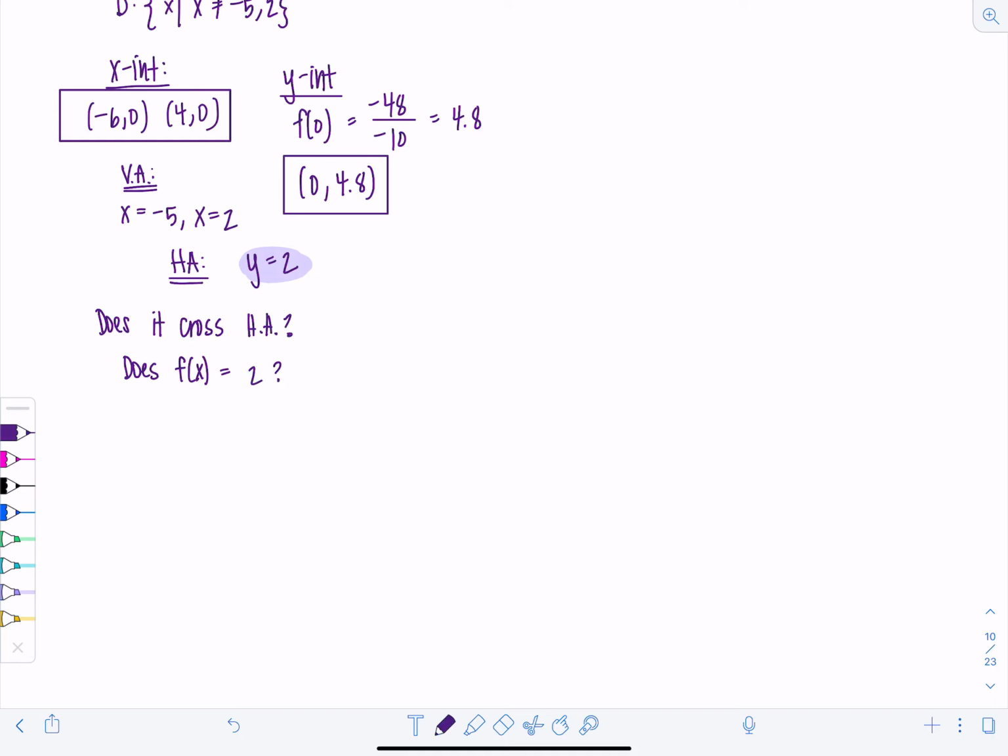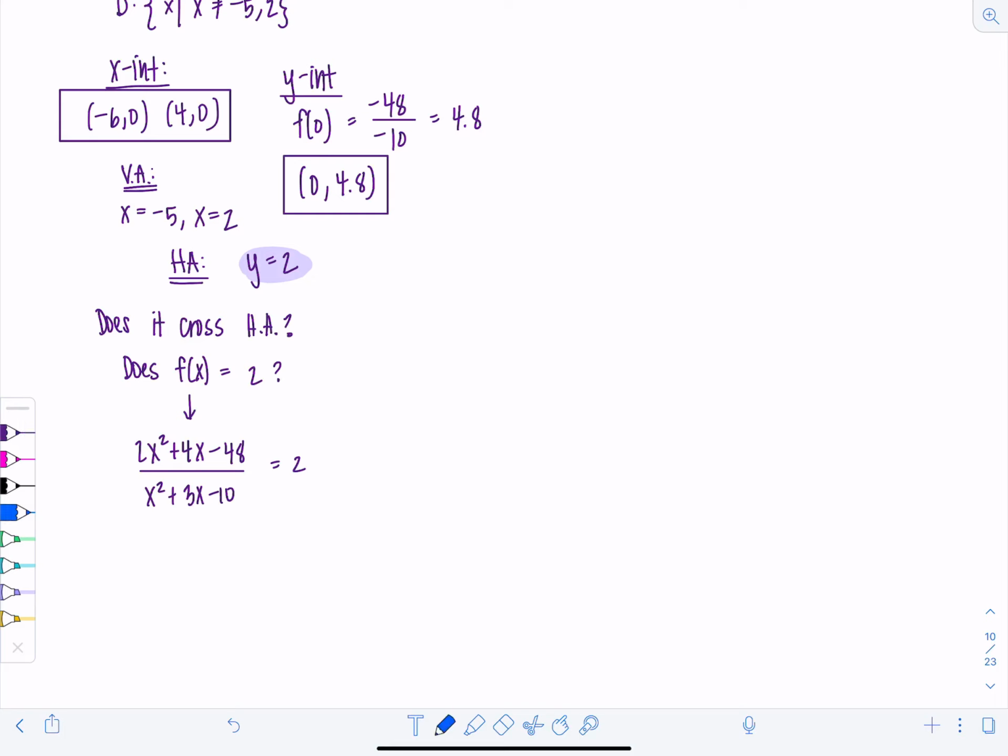Go back to the original before you factored. Okay, f of x was 2x squared plus 4x minus 48 over x squared plus 3x minus 10. And I want to know, does that ever equal 2? If I get a solution, then it crosses. If this equation has no solution, then that means it doesn't cross.